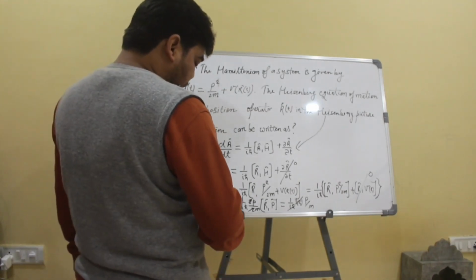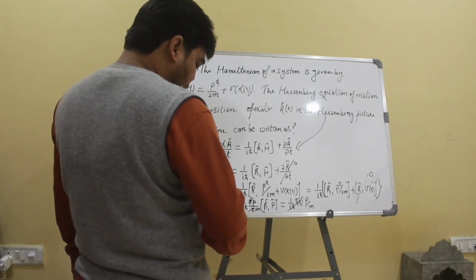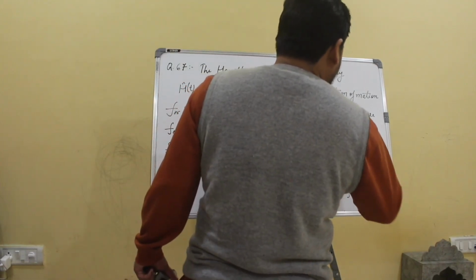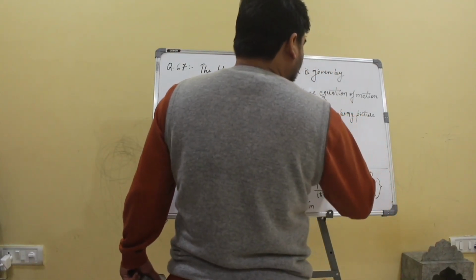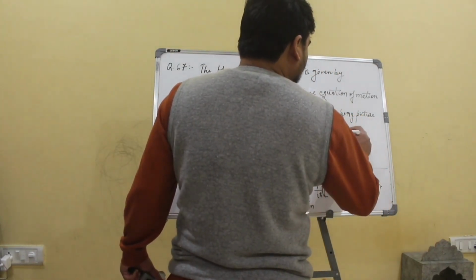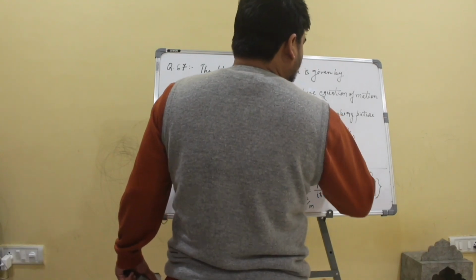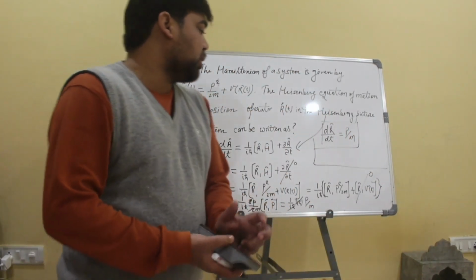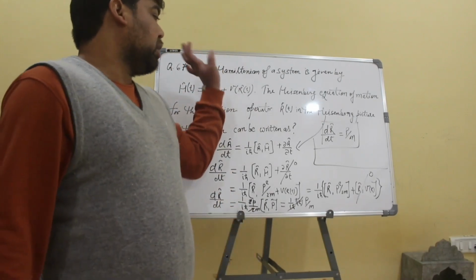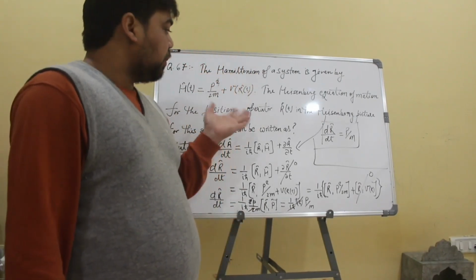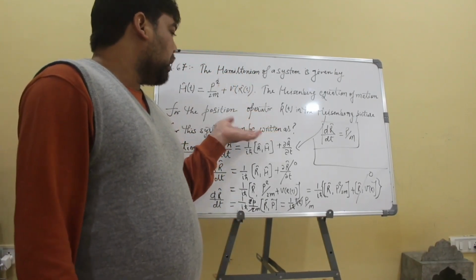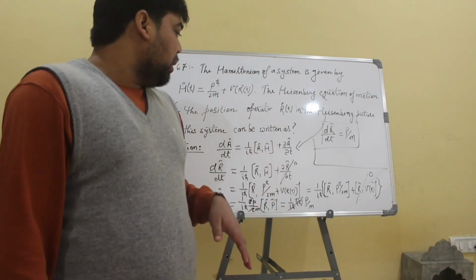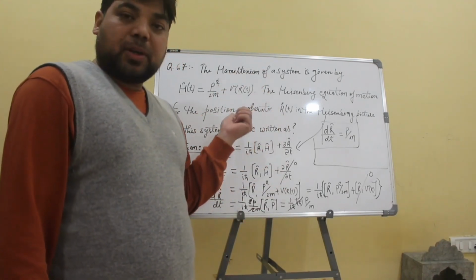So you are left with dr by dt as p by m. Right? So this is your equation of motion. Simple equation of motion. This type of question is very frequently asked in NET and GATE type of exams, or even the PhD entrance exam. Right? So hope you will find it useful.